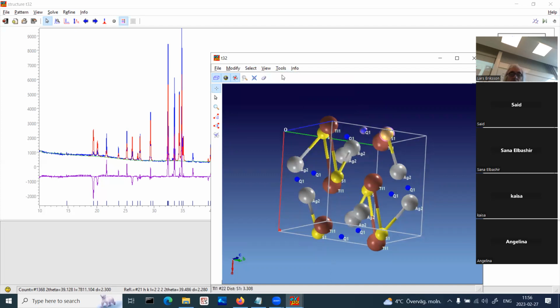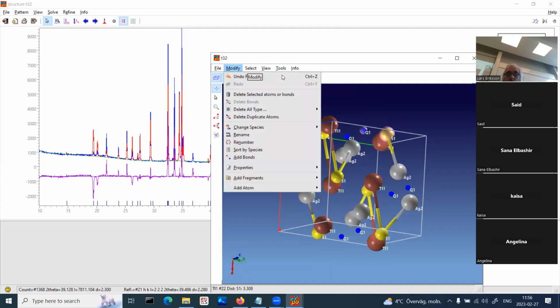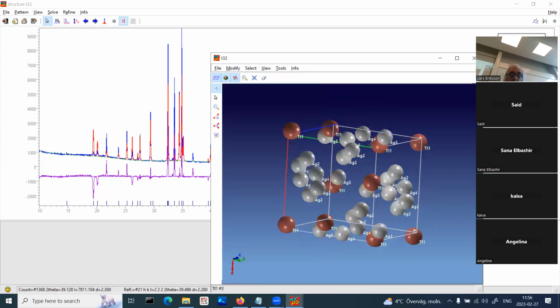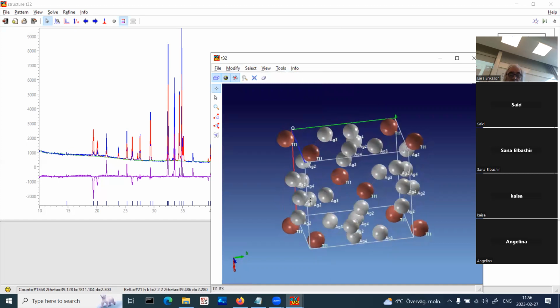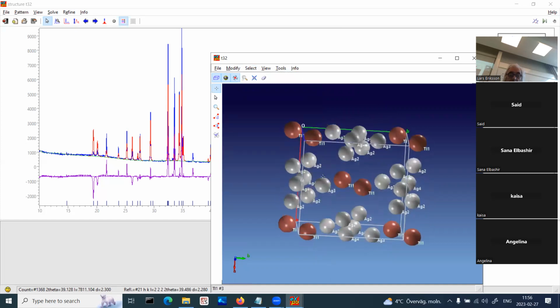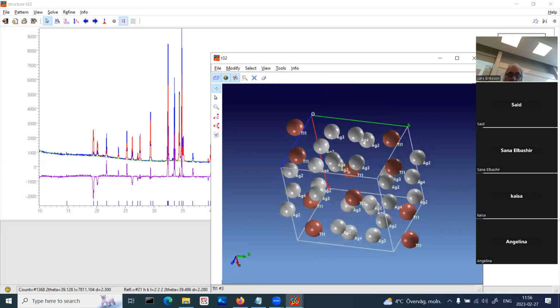And then we go to modify. What do you think that should be? What type of atoms? Change species to sulfur, silver, or thallium. I will guess silver. Where are the sulfur?